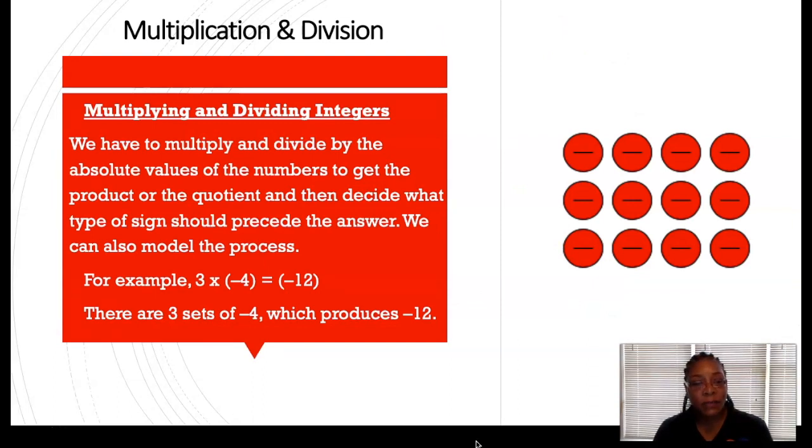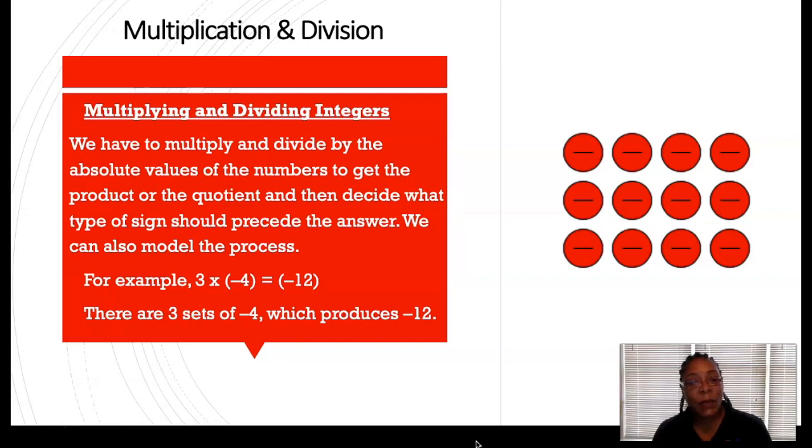Multiplication and division is a little easier, but I'm thinking about just multiplying and dividing by the absolute values of the numbers to get the product or the quotient. If my signs are alike, my answer is always positive. If my signs are unlike, my answer is always negative.